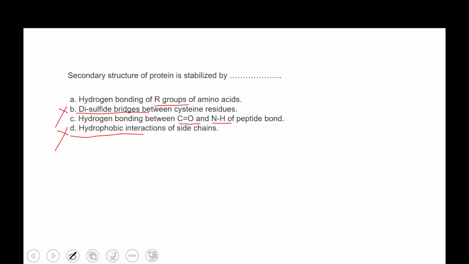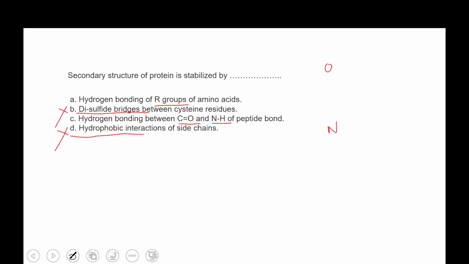So we have the hydrogen bonding, the R group of amino acids, no. Here you need to understand what hydrogen bonding is. Hydrogen bonding is a weak interaction. A hydrogen bond takes place between two electronegative atoms, for example oxygen and nitrogen.